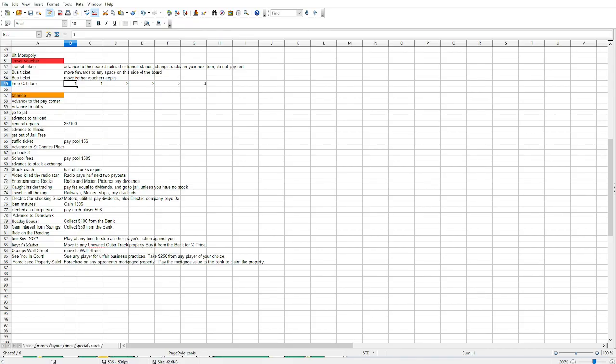Anyway, the blue, green, and brown spaces I said I wanted to be the equivalents of chance and community chest. In the original Monopoly, chance and community chest were drastically different from modern Monopoly.